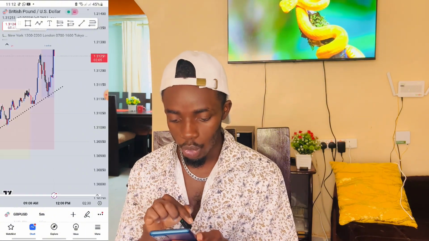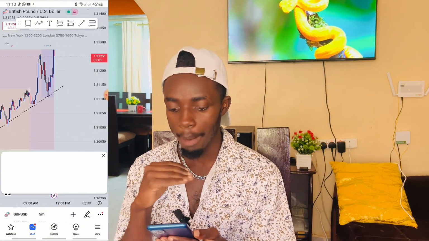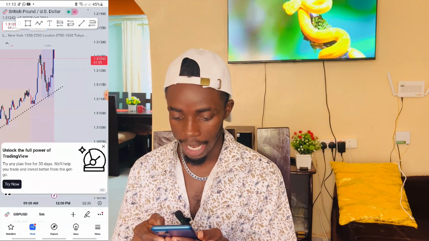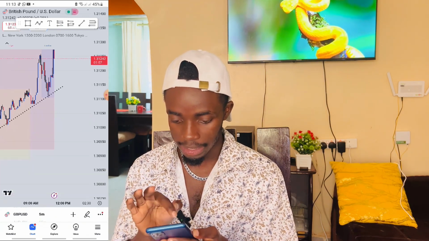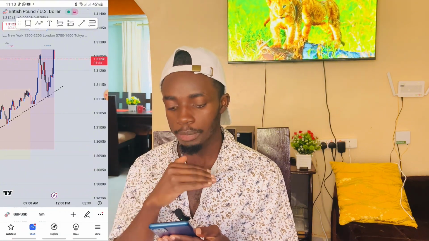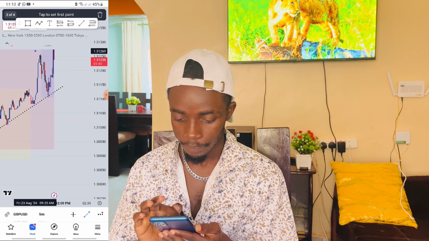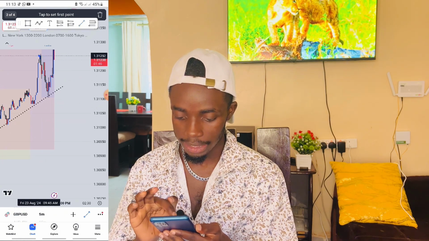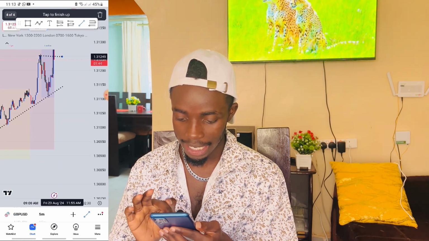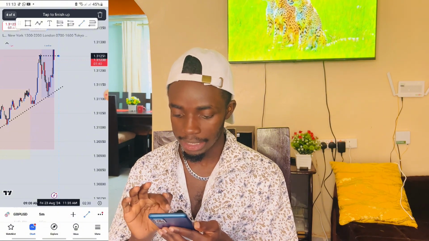So we have a pool of liquidity left below here, and we have swept above the previous highs which were printed there. The highs at that area, the market has just done a sweep of that liquidity.